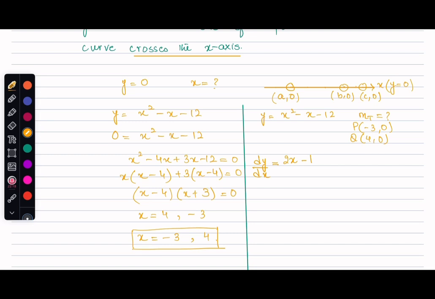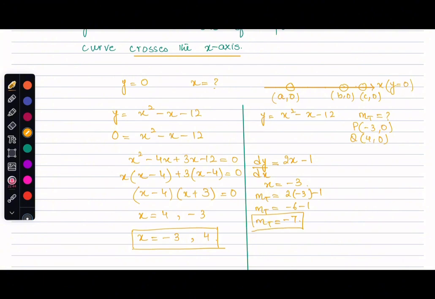Now, there are 2 points. Number one, I can have my x coordinate as negative 3. If I have my x coordinate as negative 3, then I can say that the gradient of the tangent shall be equal to 2 times negative 3, minus 1. The gradient of the tangent here is going to be negative 6, minus 1, or I can say that this tangent shall be having the gradient which is negative 7.